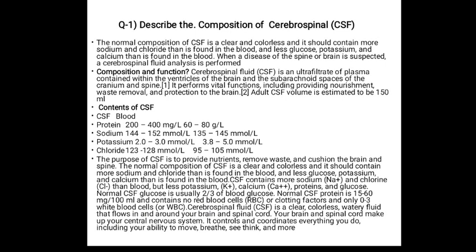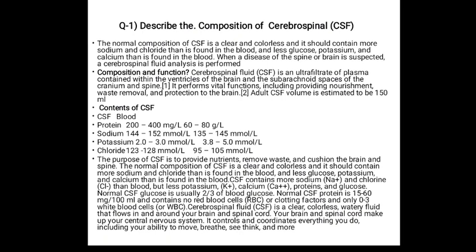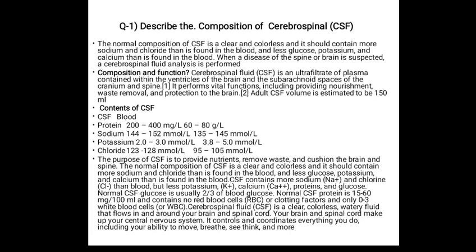CSF contains more sodium, meaning Na+, and chloride, Cl, than blood, but less potassium, meaning K+, and calcium, meaning Ca++. Protein and glucose. Normal CSF glucose is usually 2/3 of blood glucose.